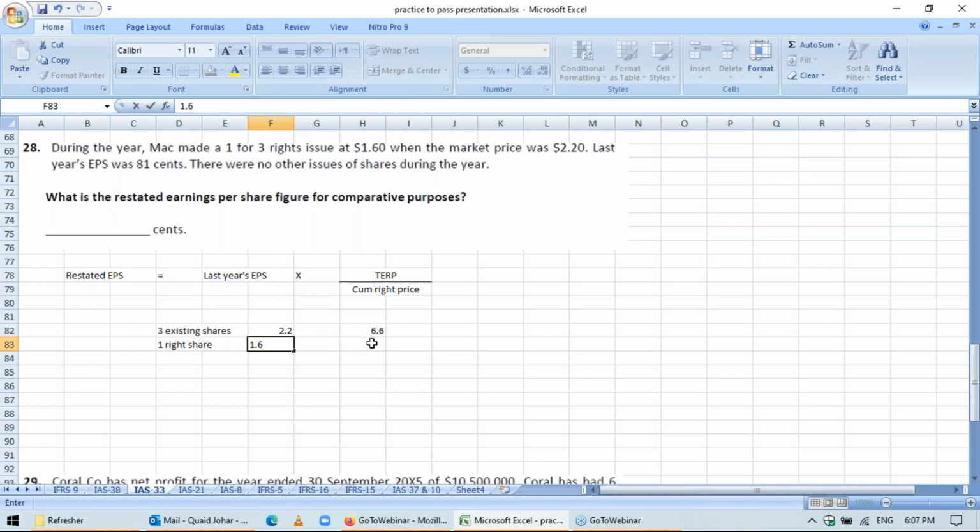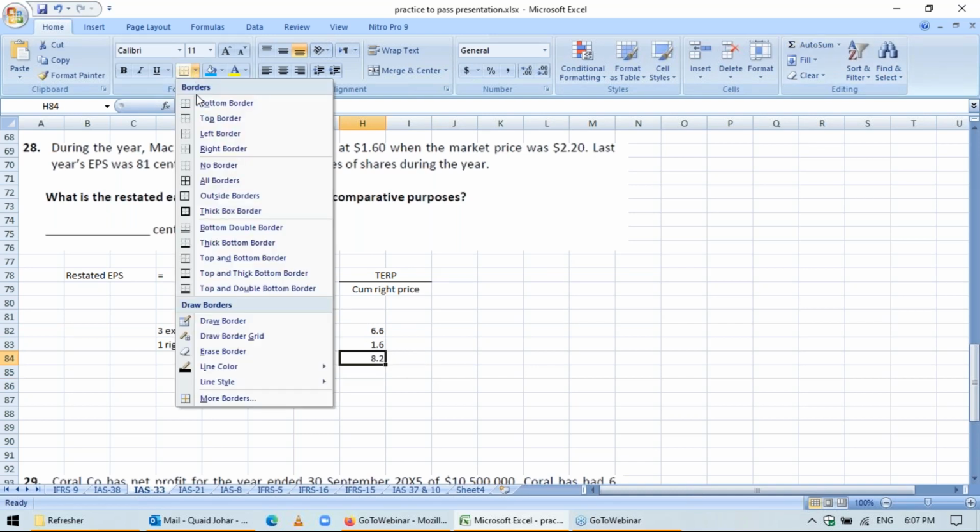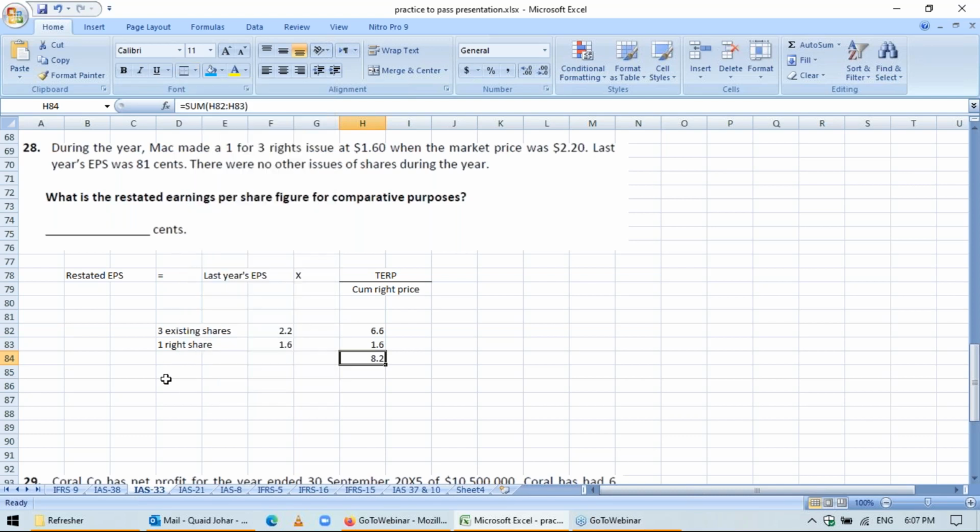So multiply the 1 share issued as right at 1.6. This makes 1.6. So sum these two up. This makes 8.2. This is the total value of the 4 shares now. So total shares now are 4 and 8.2 is the value.